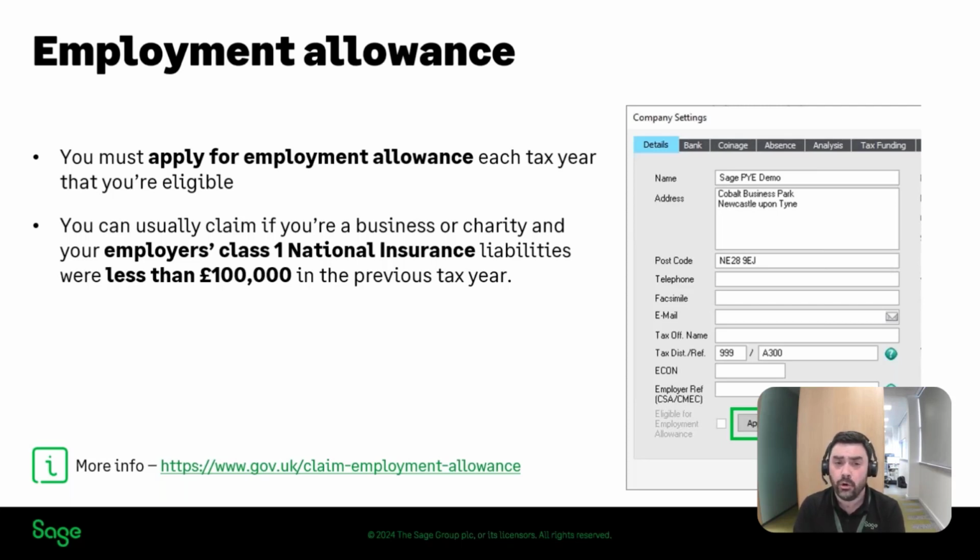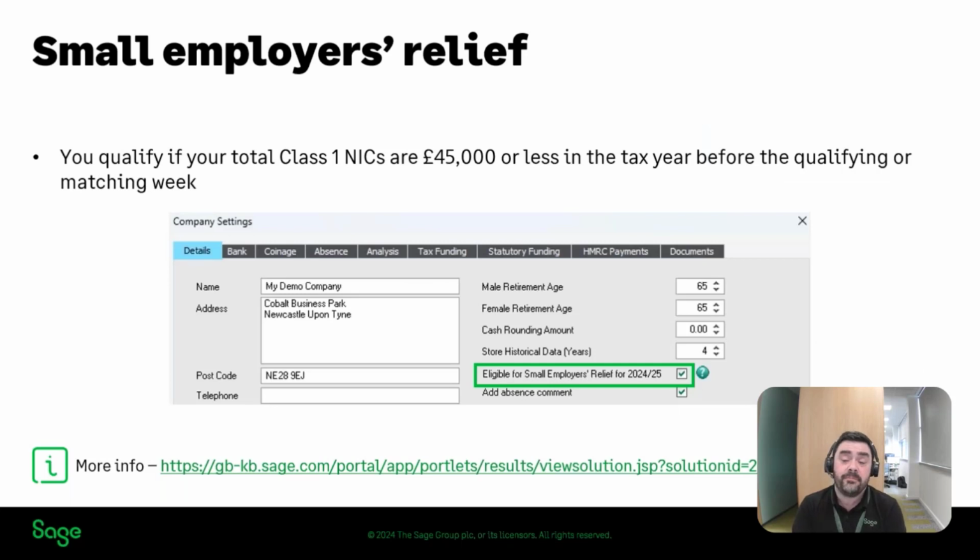So you might want to look at your reports for 2023 to 24 to see whether you are still eligible for this allowance. And you can read the full eligibility criteria on the gov.uk website. So if you are eligible, you need to apply, and you're going to do that in your company settings. Also in your company settings is the Small Employers Relief checkbox.